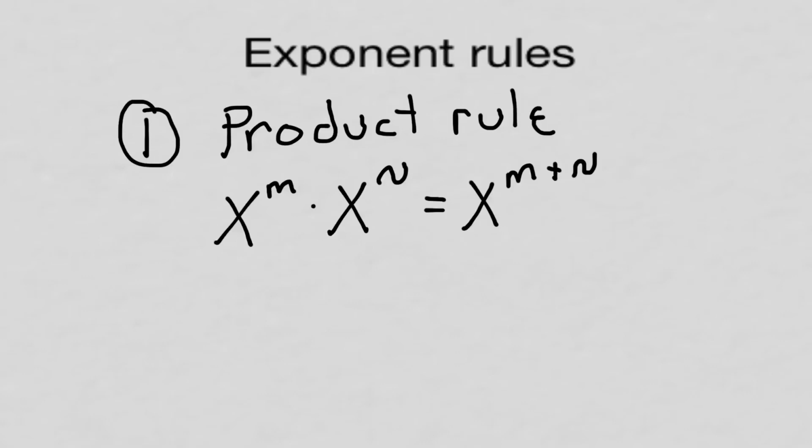The first thing I want you to notice is that the x's are the base, and they are the same. You can only apply the product rule when the bases are the same. I'm going to do an example now with actual numbers to show you what I mean.